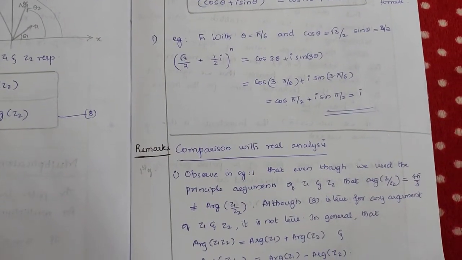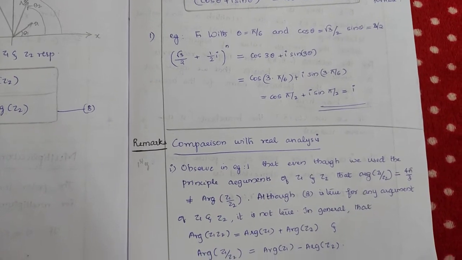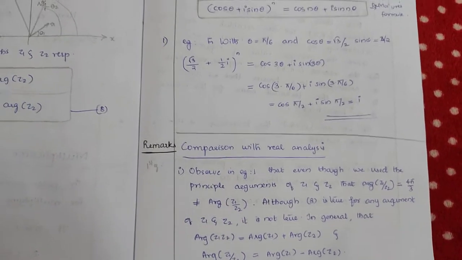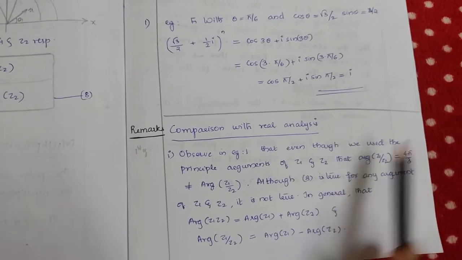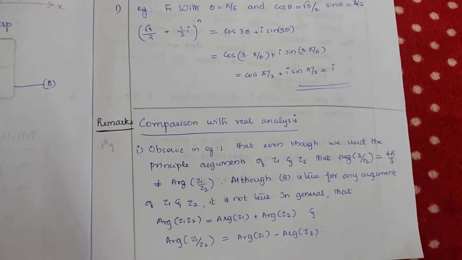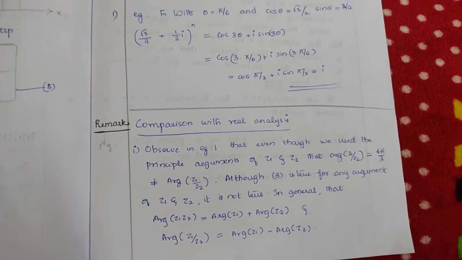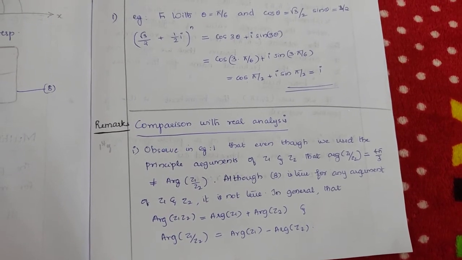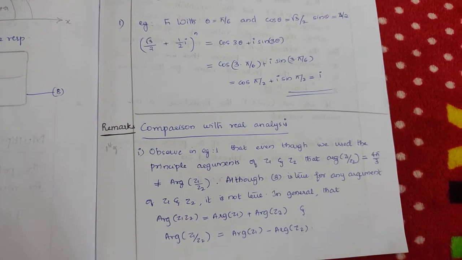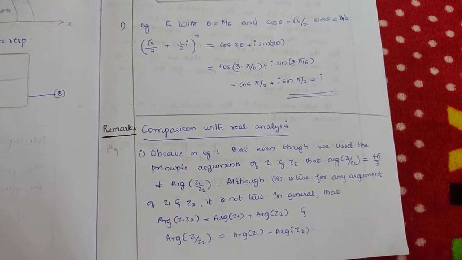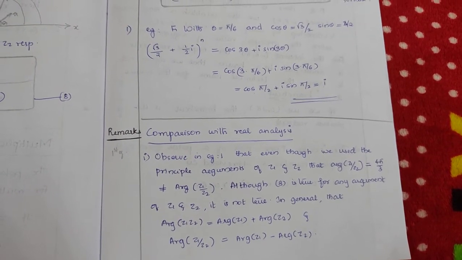Next is a remark. It is a comparison with the real analysis. Observe in this example that even though we use the principal arguments of z1 and z2, the argument of z1 by z2 is equal to 4 pi by 3, which is not equal to the principal argument of z1 by z2.